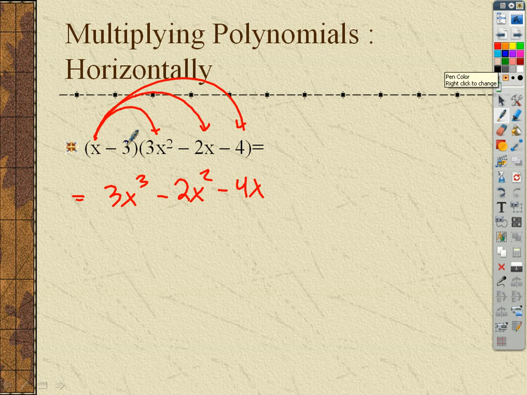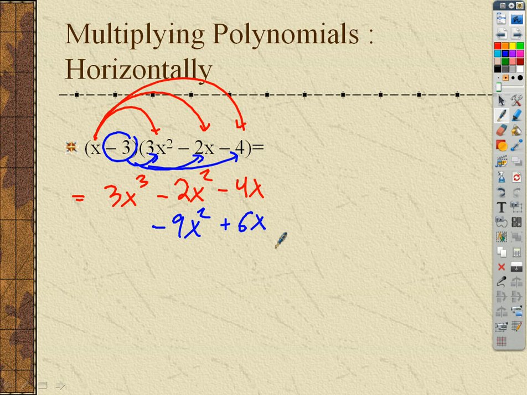Now I could distribute the negative 3. And I could either just string those all out in a row and combine like terms, and that's fine. Or I could combine them vertically. Negative 3 times 3x squared is negative 9x squared. So let's line it up in the x squared column. Negative 3 times negative 2x.